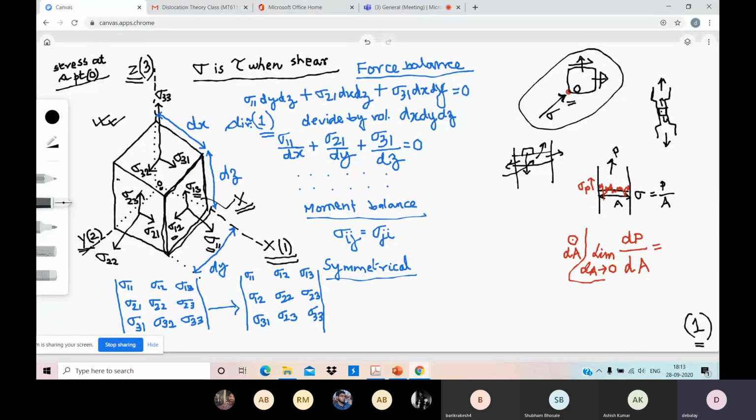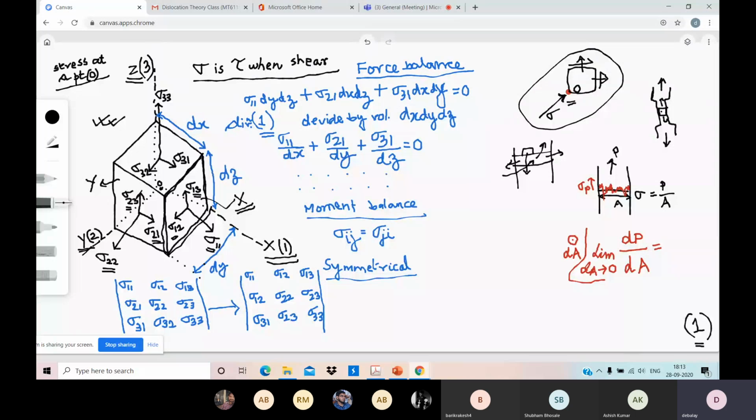So sigma 1 1 is basically the normal stress. Sigma 1 2 and sigma 1 3 are basically the shear stress. Similarly, on the y plane, so this particular plane is called the y plane or plane number 2 because this is perpendicular to the y direction. So here we represent it as normal stress sigma 2 2, and shear stresses sigma 2 1 and sigma 2 3.